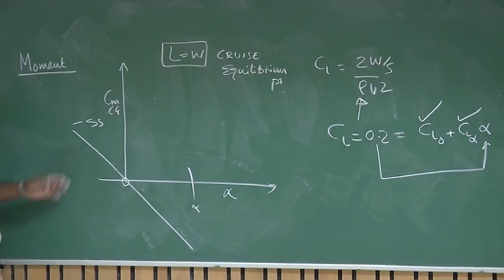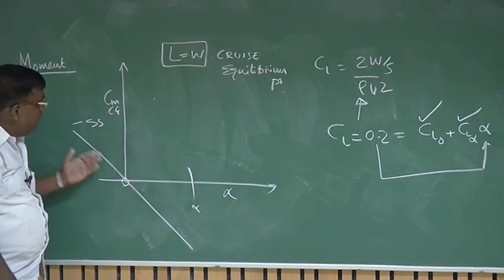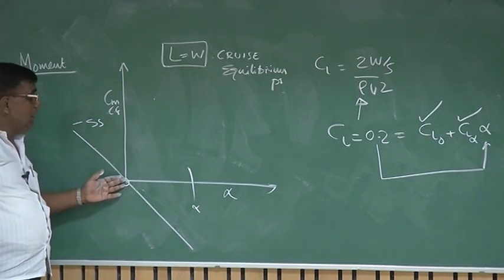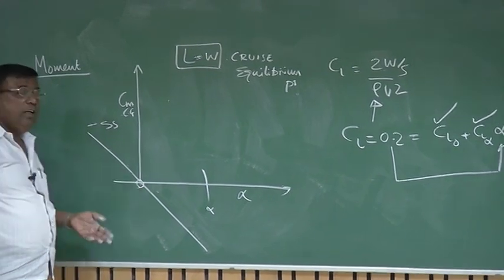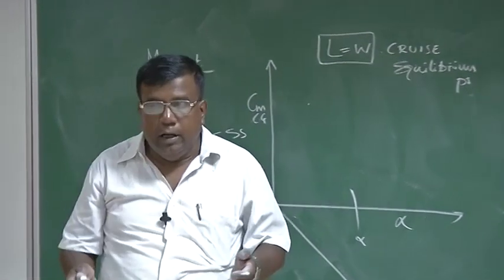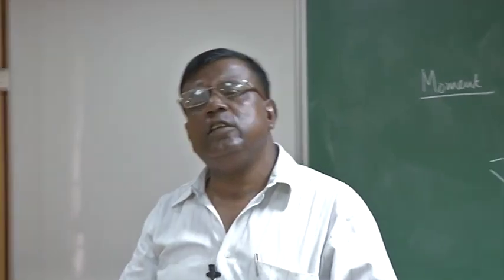Now tell me, if my Cm about CG versus alpha is passing through the origin, it says the trim is at alpha equal to 0. Naturally, for a general airplane, I am assuming it has a symmetric airfoil. I am not talking about a cambered airfoil at all now. Then it will not be able to generate any lift, because it is saying trim at alpha equal to 0. For the normal case, I don't want to fly like that, because I won't be able to generate lift. To generate lift, I need to fly at a positive angle of attack.